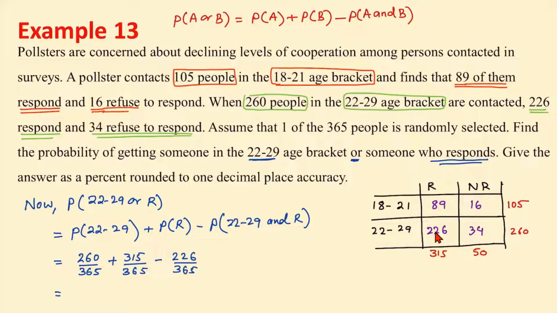Simplifying using a calculator, we get 0.9562. But the question says to give the answer as a percentage rounded to one decimal place, so this will be 95.6%. That is example 13. Quite a long problem, but if we make a table like this, also called a contingency table, it's quite easy to understand the problem and solve it.